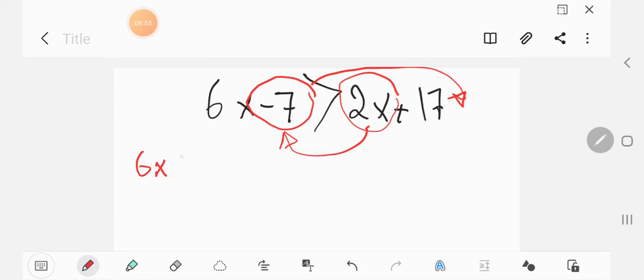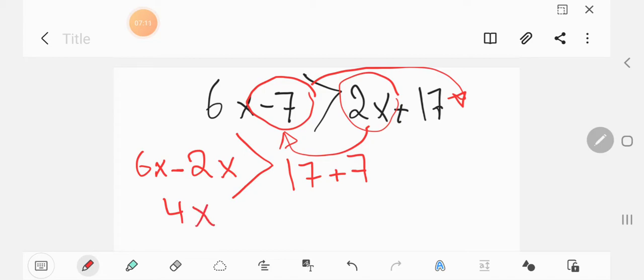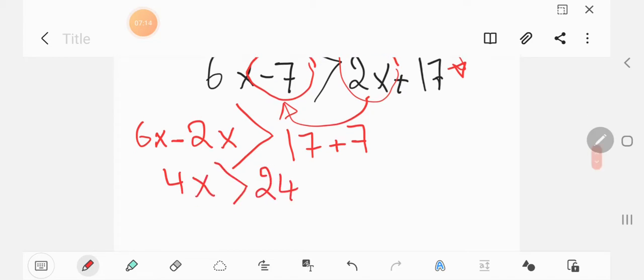It will be 6x. 2x goes to the other side with a negative sign, so negative 2x greater than 17 plus 7. So it will be 4x greater than 24.